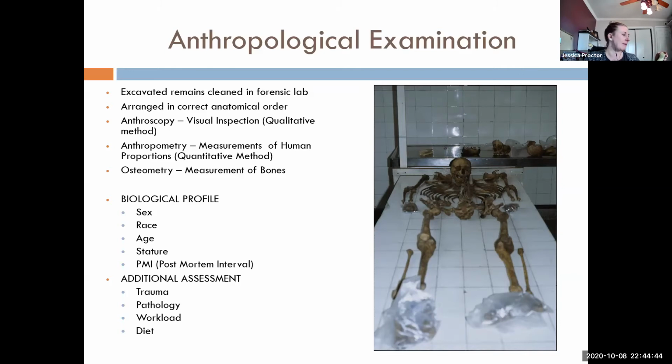If you're looking at a population or a human that's more sedentary, maybe a human that worked a desk job for 40 years, they may end up having more gracile skeletal anatomy. Also diet. Looking at dentition can determine diet. Also, the bones can tell you about the nutritional capacity of that human.